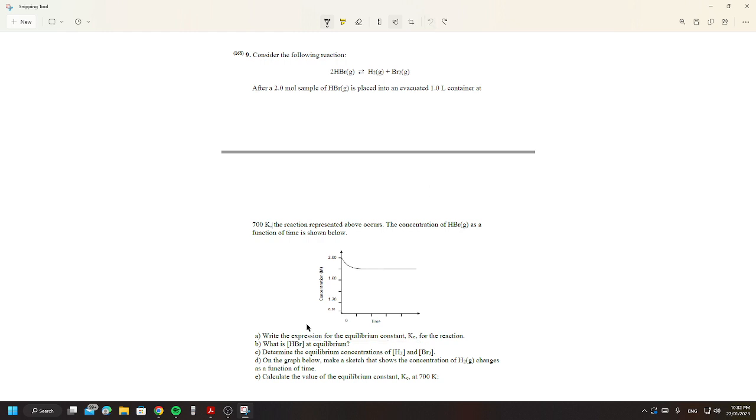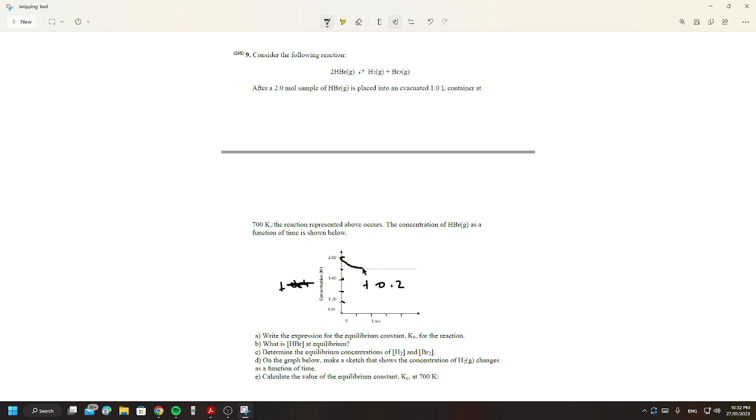What is the concentration of HBr at equilibrium? We're going to have to look at the graph here. Let's see the increments of by how much it increases. From here to here, it's increased by 0.4, therefore each increment is 0.2.